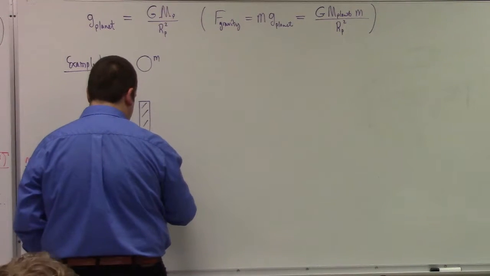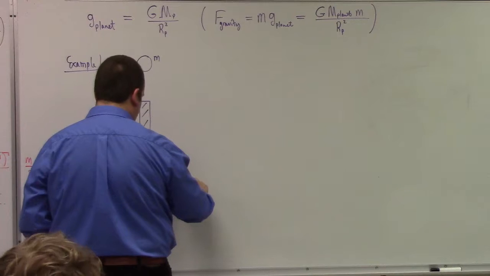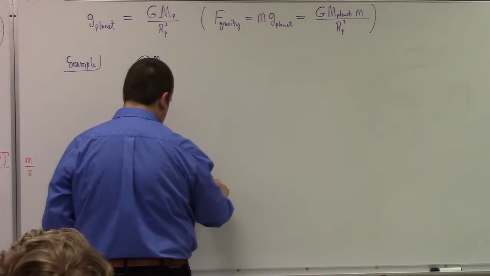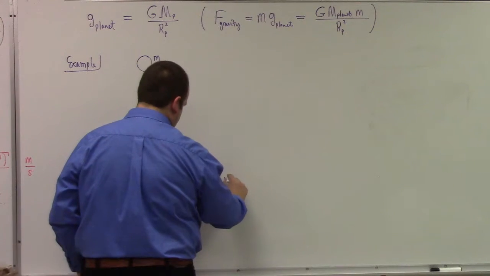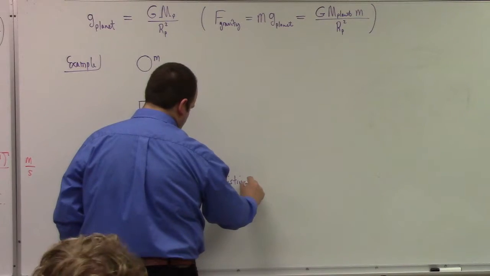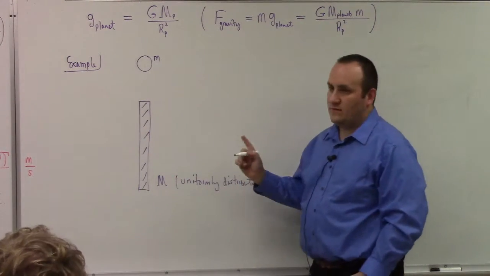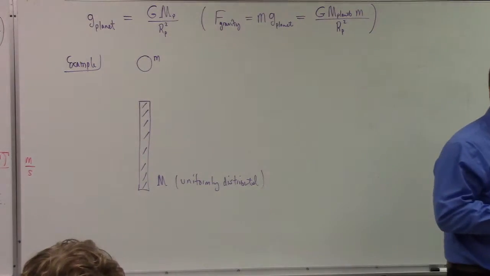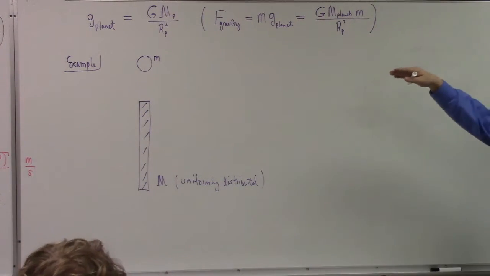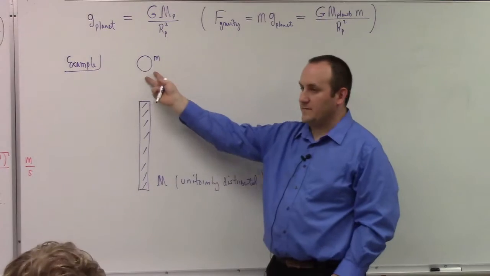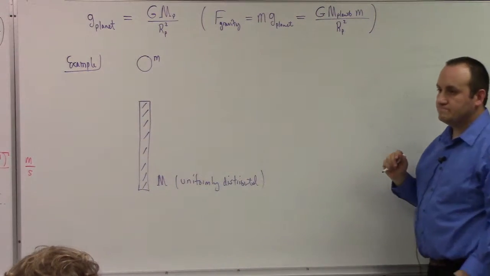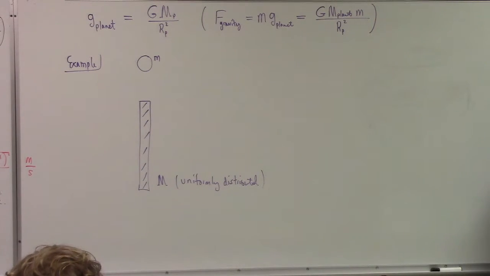Total mass big M, uniformly distributed. The question then is, what's the gravitational attraction of the rod on the sphere up here? Find the force of gravity on little m due to big M.